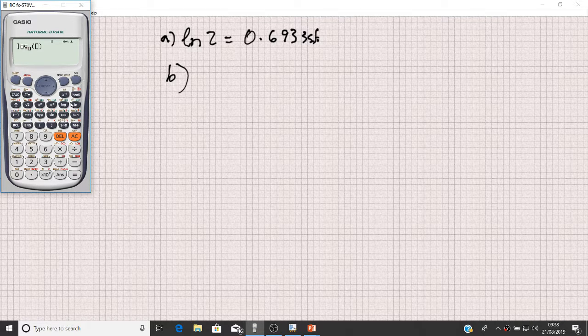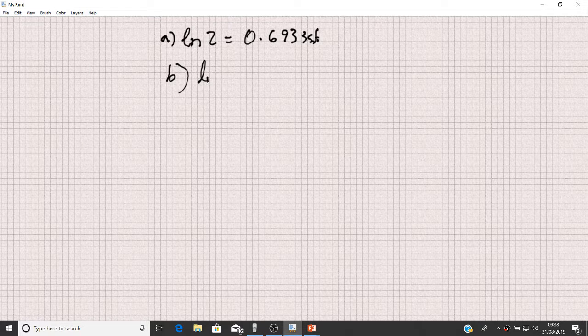So we're going to shift e, and it'll be e to the power of 1. And inside of that, we've got log base e of 2. And we get indeed the same answer. So log base e of 2 equals 0.693. That's again 3 SF.